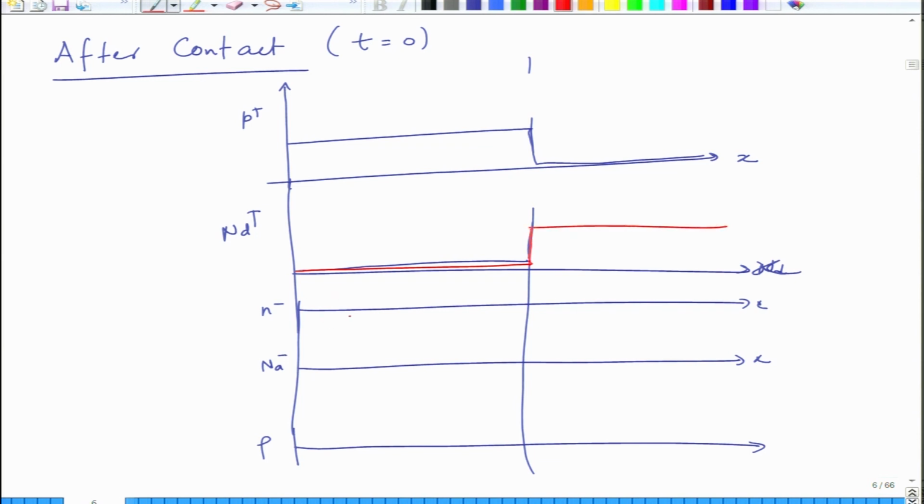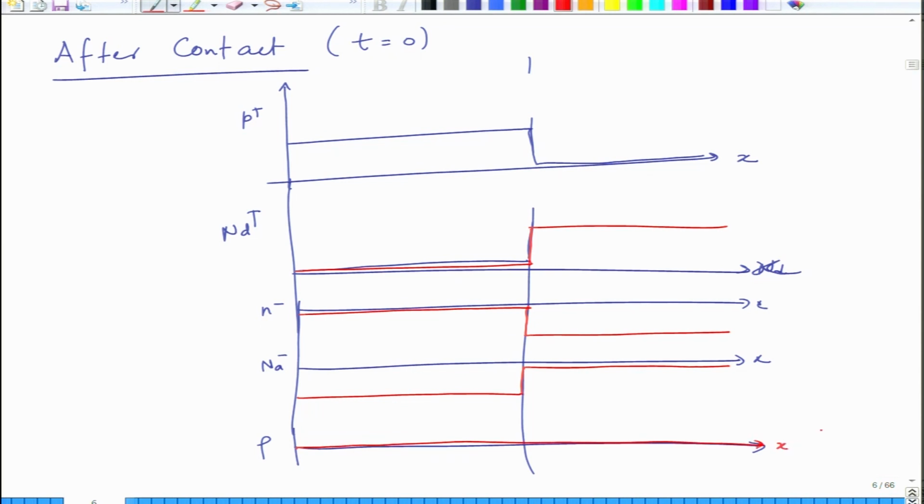N minus would be in this case very small, in this case it would be very large, and then Na minus would be, in this case it is very large, in this case it would be very small, alright, and the net charge density would be equal to 0.